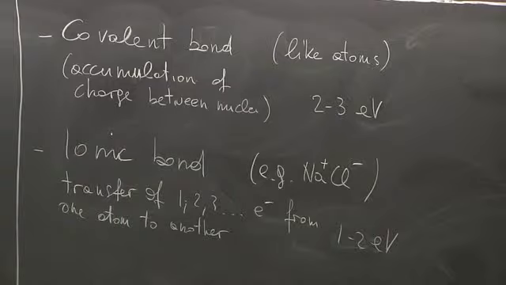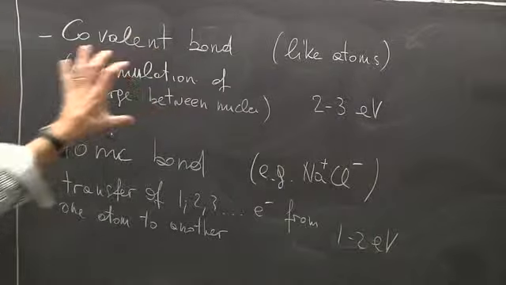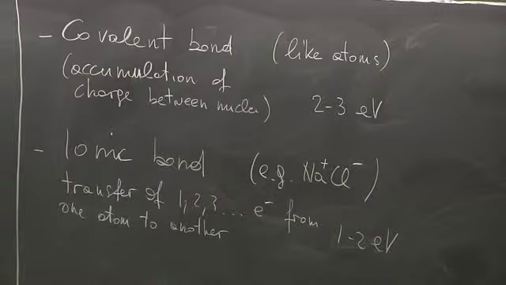So these are the two extreme cases where either the charge is accumulated between the two atoms or where the charge is transferred from one atom to the other one in the case of ionic bonds.